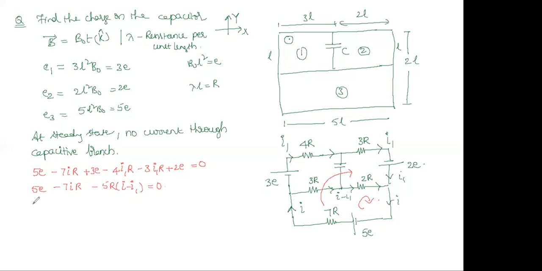What is the simplification here? 5E minus 7IR minus 5R (I minus I1).